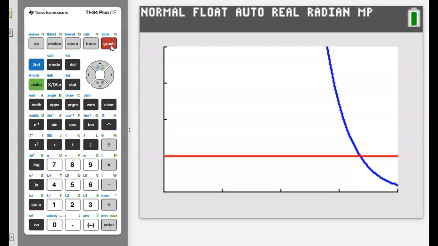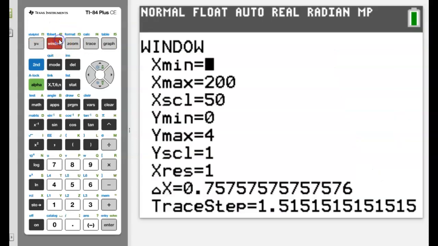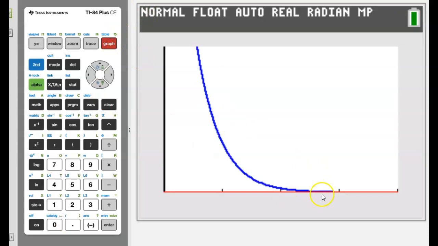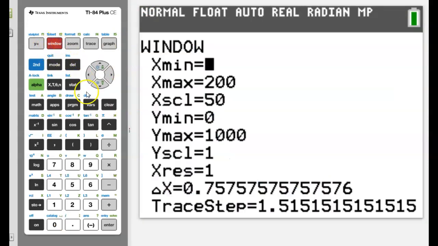Okay, 200. I just want to show you guys, if we had said the y is going to start at 1,000 and go down, it's so close to this you can't even see where it intersects. That's why I didn't bother to start at 1,000.